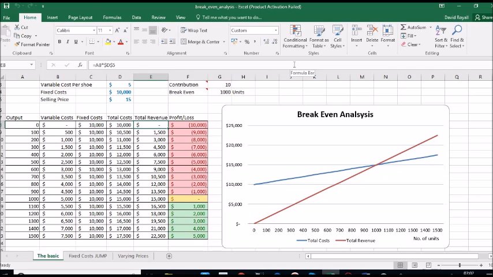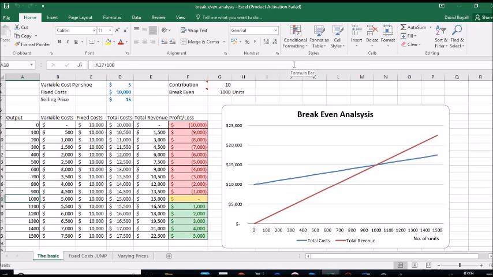Now total revenue. Total revenue will be whatever the selling price is multiplied by the number we're selling. So if we're not selling any, there'll be no revenue at all. So let's go to 1,000. Nice simple figure.